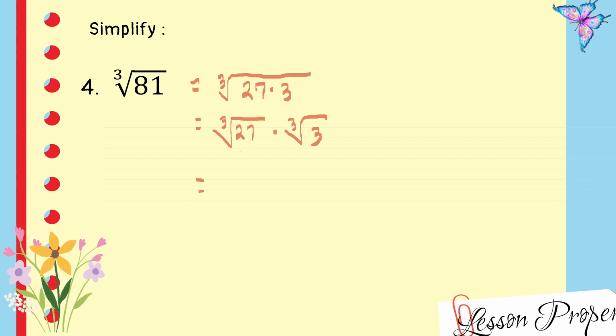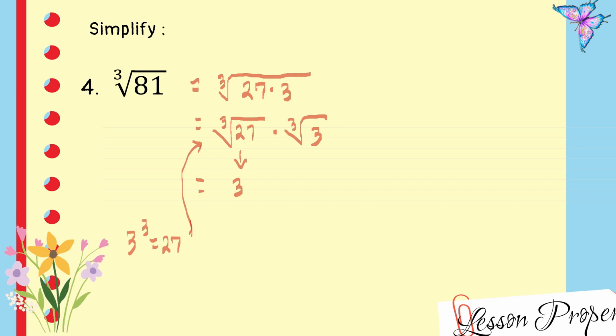Cube root of 27, what is that number? The answer is 3, because 3 raised to 3 is equal to 27. So therefore, cube root of 27 is 3, times cube root of 3. This cannot be simplified anymore. So the answer is 3 cube root of 3.